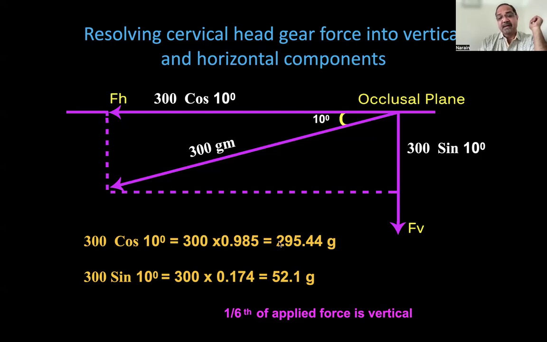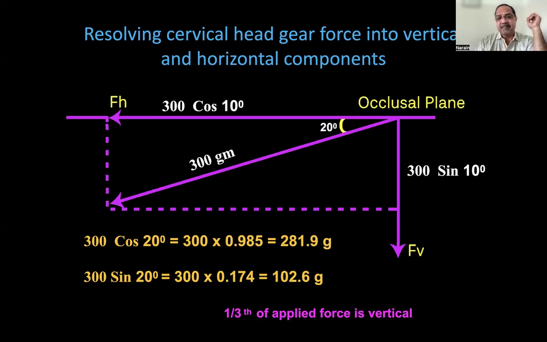So about 295 grams of force is developed in the horizontal direction. In the vertical direction, the formula is F sin theta, so 300 sin 10 degrees. So you will have 52 grams of force generated in the vertical direction. That is how you calculate the amount of force generated by a headgear, in the vertical and horizontal planes separately.